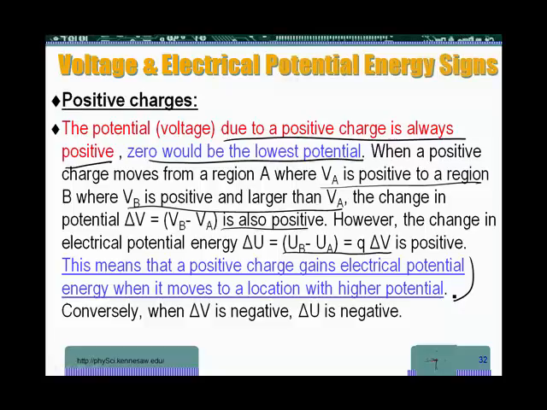Again, if you think about it in terms of electrical field, if my electrical field is pointed this way and it is a positive charge, the force is going to act on it this way. So when we moved it towards point B, we were opposing the electrical field, giving it more electrical potential energy.